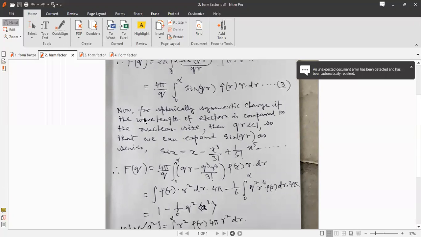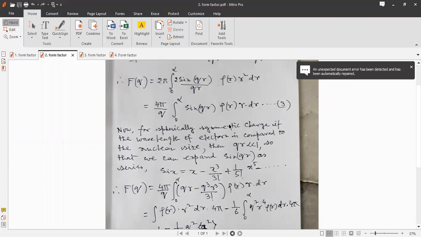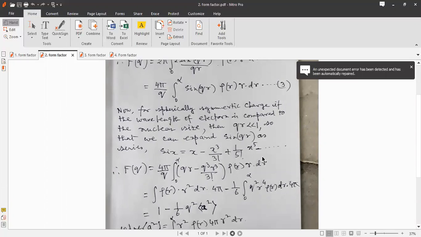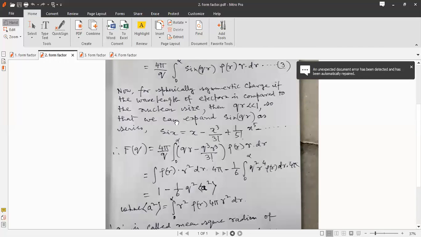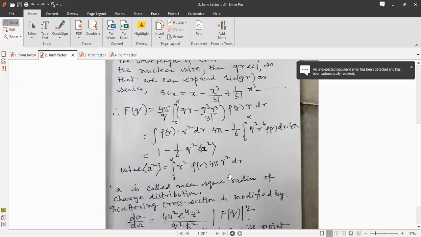Now for spherical symmetric charge, if we put the constraint that the wavelength of the electron is very large compared to the nucleus, so QR will be less than 1, we can expand sin QR in a series.